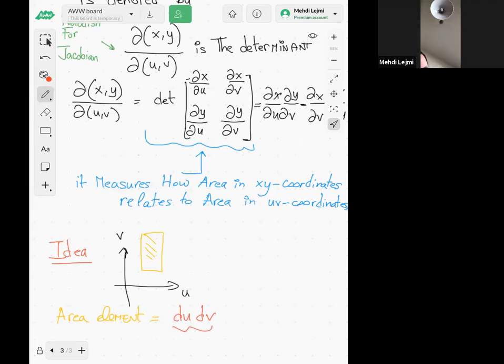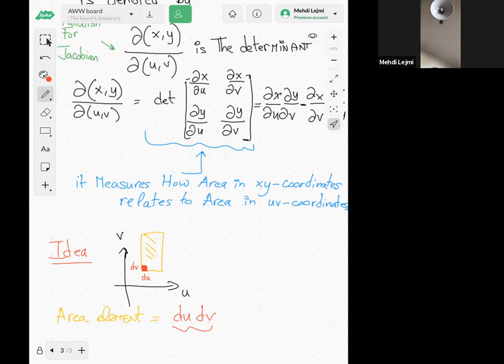Well, you have du, and this is your dv. So when you do du dv, this is very small. You have a very small rectangle, or a square. Again, in a single variable, we have this very small subinterval dx.